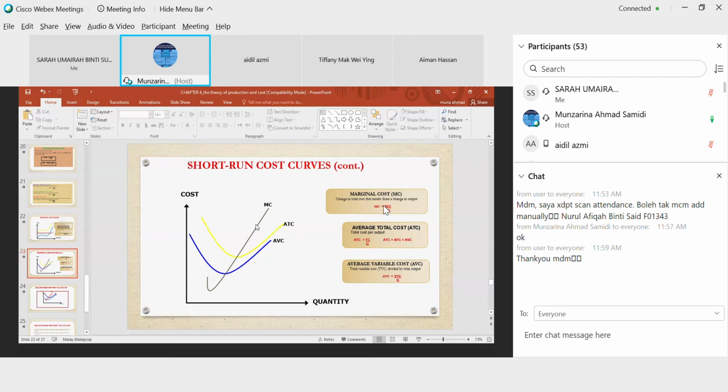This is the basic of drawing the cost curve: your marginal cost must cross ATC and AVC at their minimum, and it cuts from below, not from above.